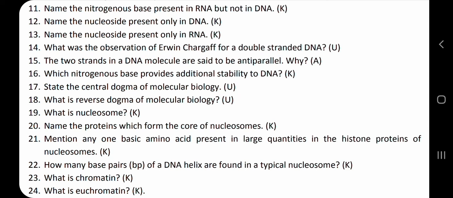Don't think that 8 different proteins are present. Only 4 histone proteins are present, in 2 sets, and they form the histone octamer structure. So what are those proteins present in the core of nucleosomes? They are H2A, H2B, H3 and H4.